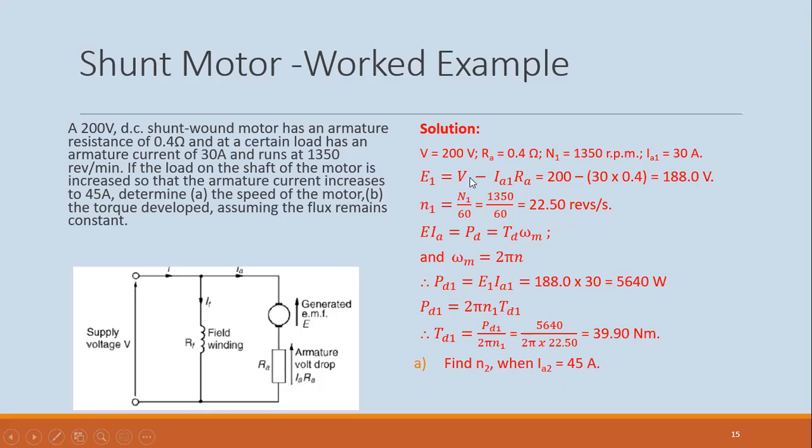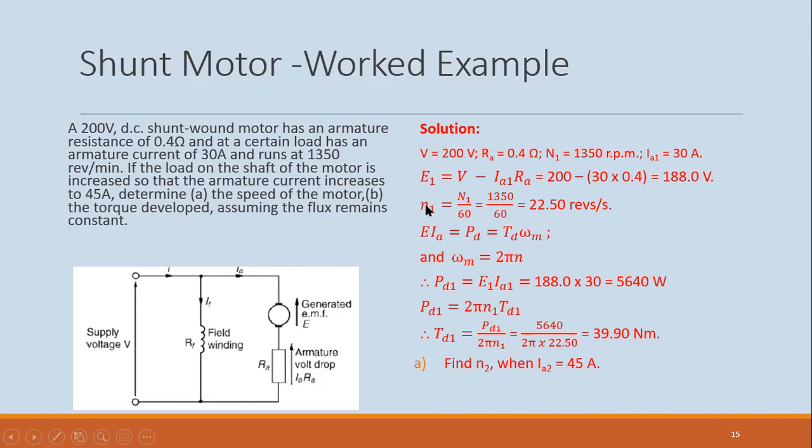E would be equal to V minus IA1 RA, and V is 200, the input voltage. So 200 minus 30 amps times the 0.4 for the armature resistance. So we get 188 volts. So back EMF here is 188 volts.